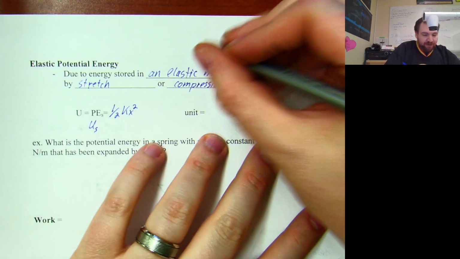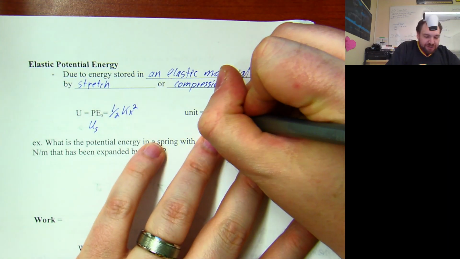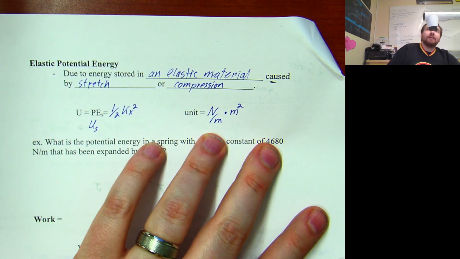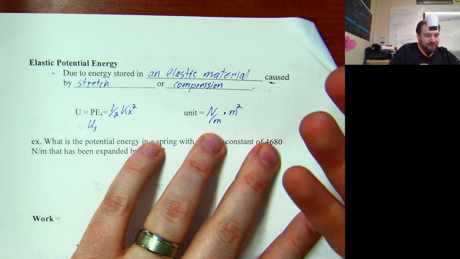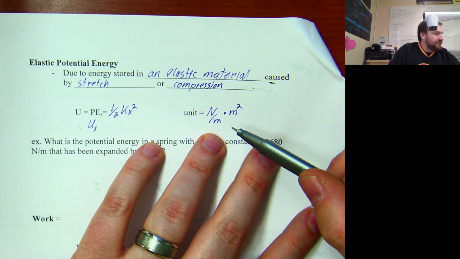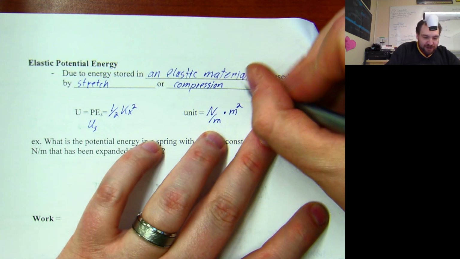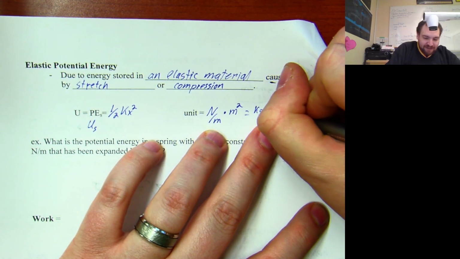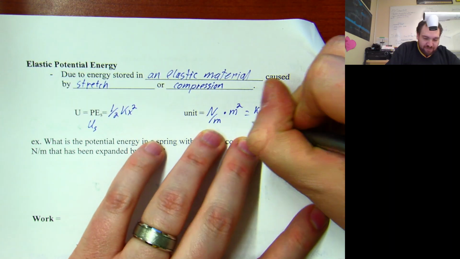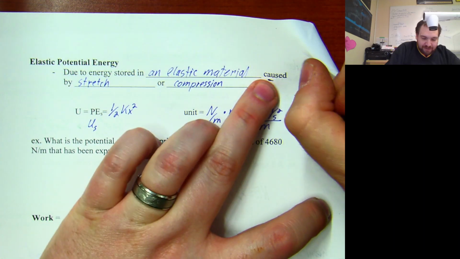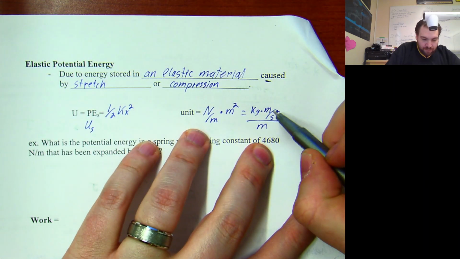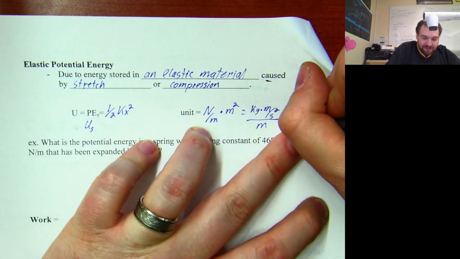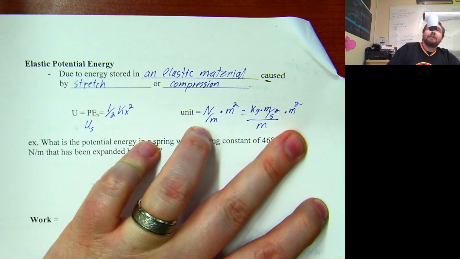It's newtons per meter. So if we look at this, this is going to be the newtons per meter times meters squared. But if we look at where the newtons come from, newtons is force. Force is mass times an acceleration. So this is going to be mass times meters per second squared divided by meters, times meters squared.